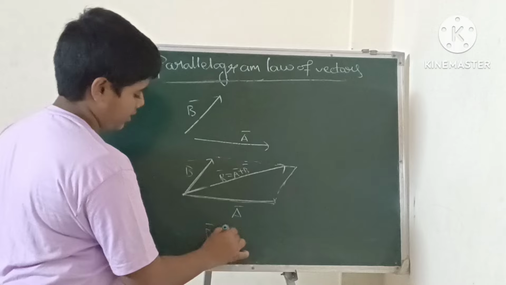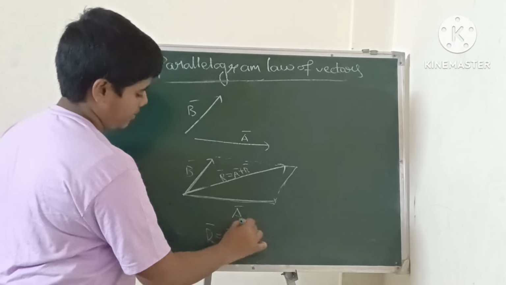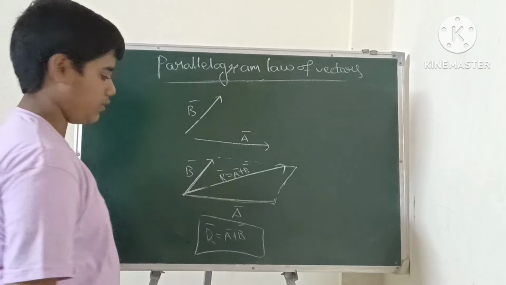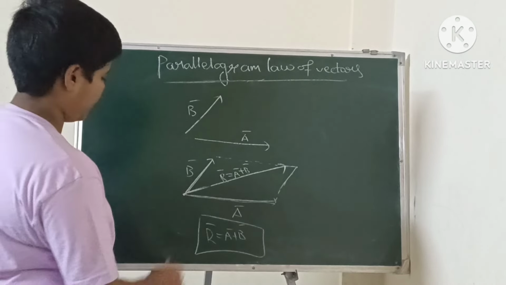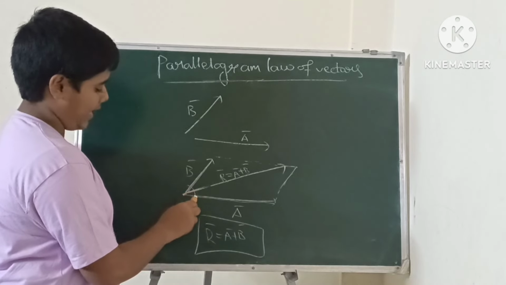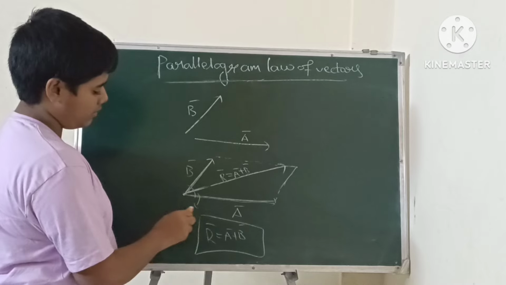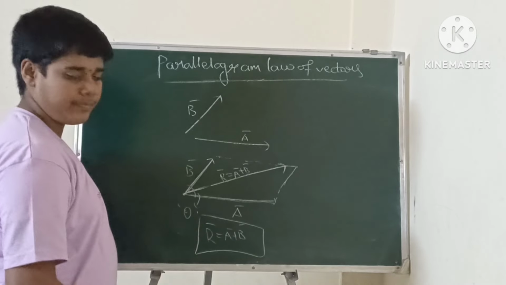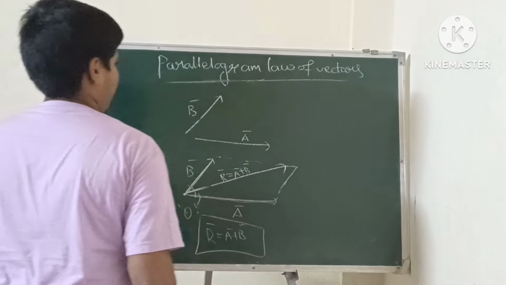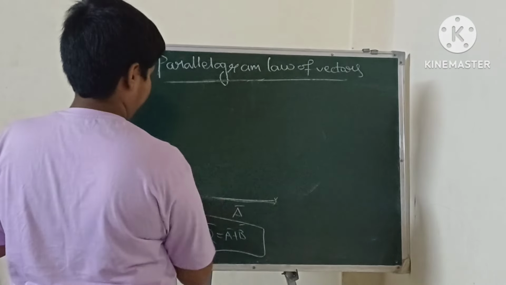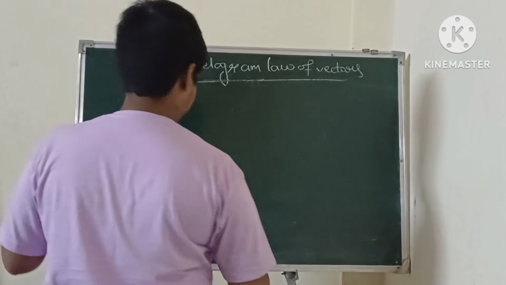Here the resultant is equal to A bar plus B bar. So this is the parallelogram law. Here we have to take angle theta. So this is the parallelogram law of vectors.